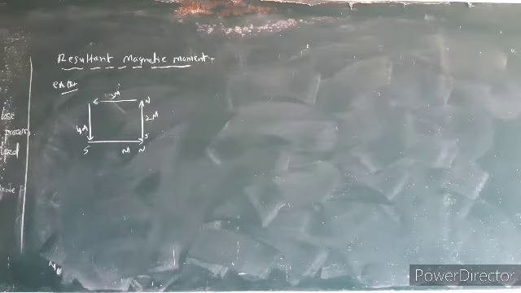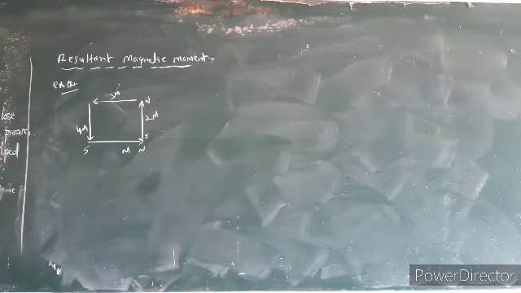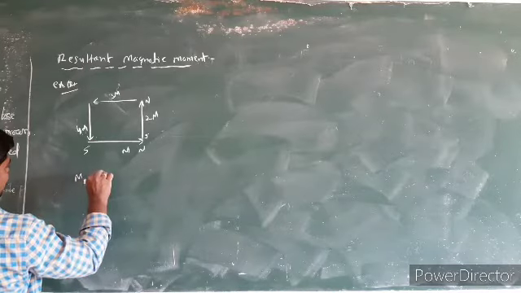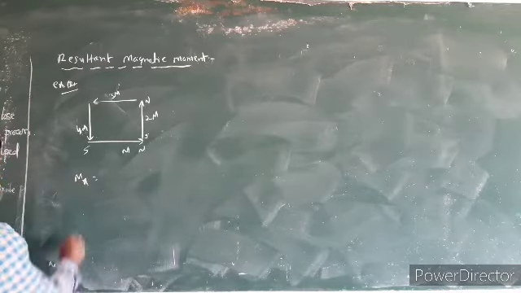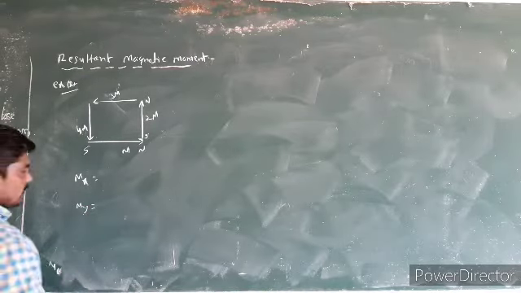Now, what is the net magnetic moment of this arrangement? In this case, we need to calculate the net magnetic moment along the x-axis, next the magnetic moment along the y-axis, and from that, the net magnetic moment.